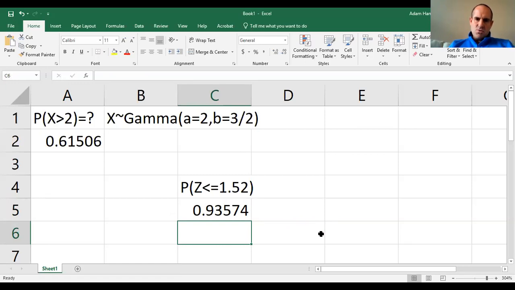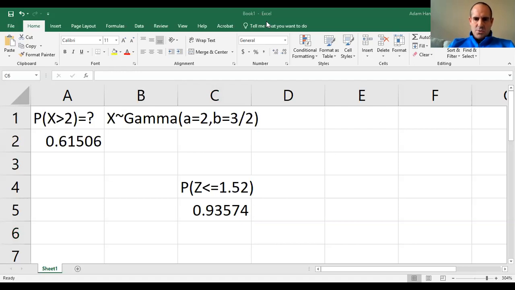One standard deviation is at 1, because the standard deviation is 1, so 1.52 means I'm 1.52 standard deviations to the right of the mean. So I'm past that inflection point. It makes sense that there would be 93.5% of the data to the left of this.